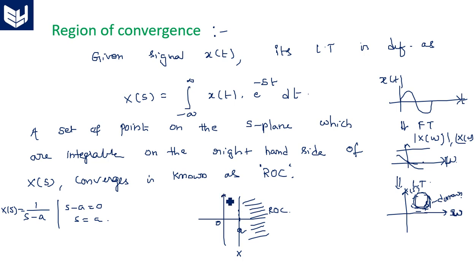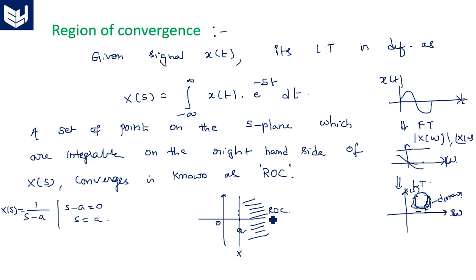Pole and zeros. Every signal will have two types of parameters, poles and zeros. Here the pole is s equal to a. If you want to calculate poles, you have to equate the denominator of the signal to 0. And if you want to calculate zeros, then equate the numerator part to 0.